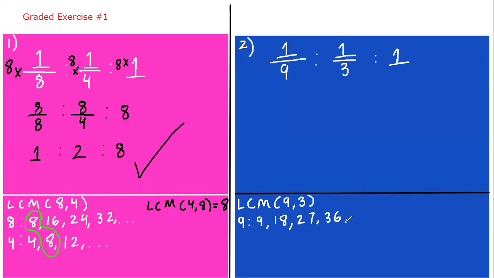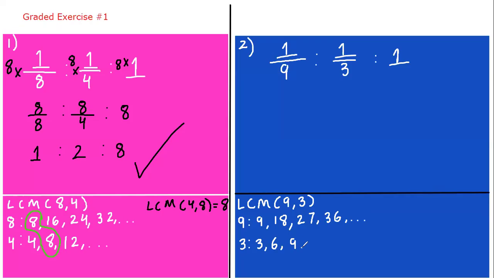So we don't have to list all of the multiples because we already know what the lowest common multiple is. So what are the multiples of 3? 3, 6, 9, 12. And we stop there.